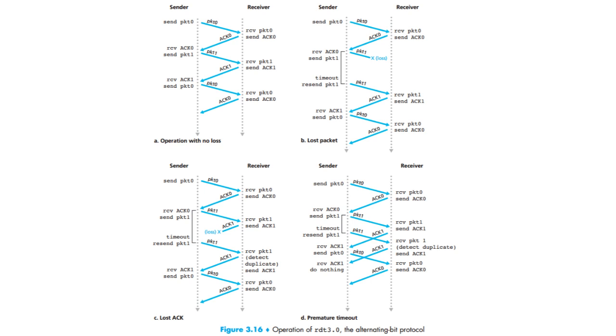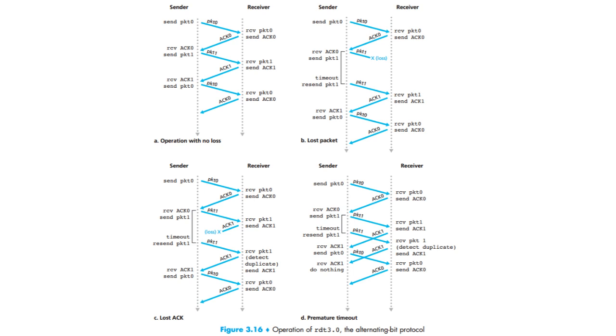In this case, the sender waits a reasonable amount of time for acknowledgement, and retransmits if no acknowledgement is received in this time. If the packet or acknowledgement is just delayed, retransmission will be a duplicate. Sequence numbers help to resolve this.